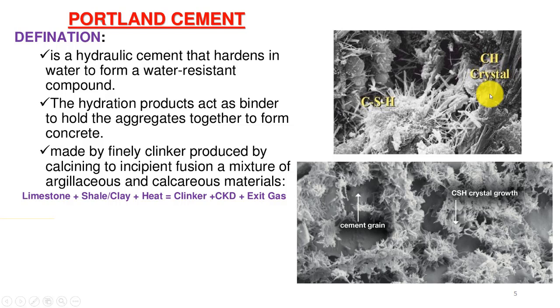So this byproduct is vulnerable to the leaching. In case of a CSH and ettringite, these are the very stable products. These products cannot leach or mix with the water being intruded into the concrete.